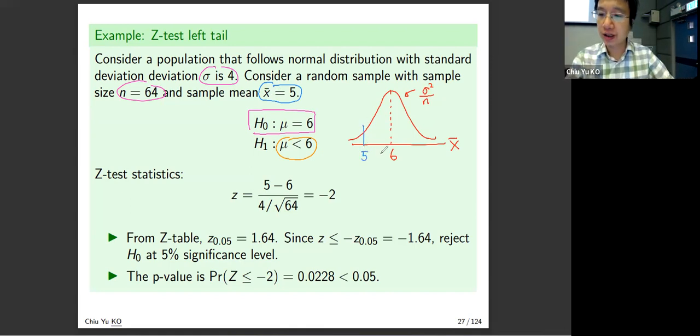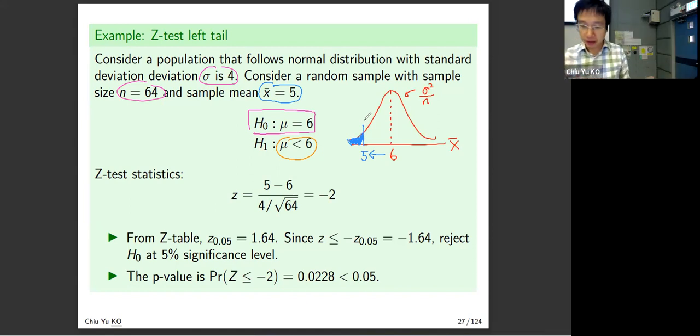The question is, is it far away enough? Is this area small enough? If this area is more than 5%, then we don't reject. But now we don't know, so let's check it out.